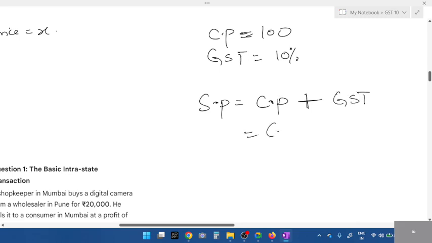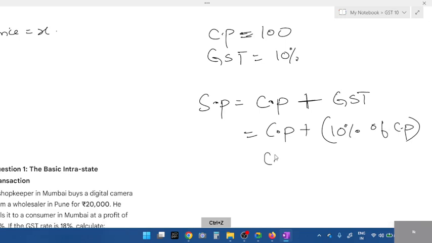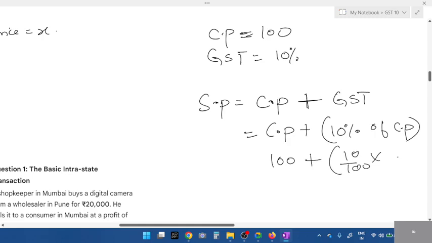How much is GST? 10% of CP. So cost price plus 10% of CP, which is written as 10 divided by 100 into cost price. Yes, this is the formula.